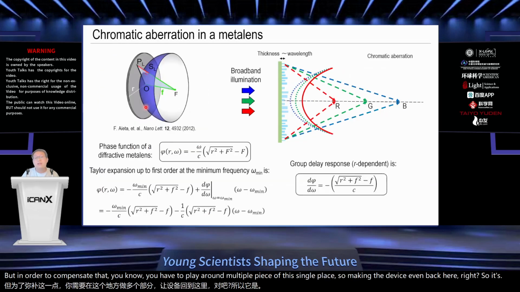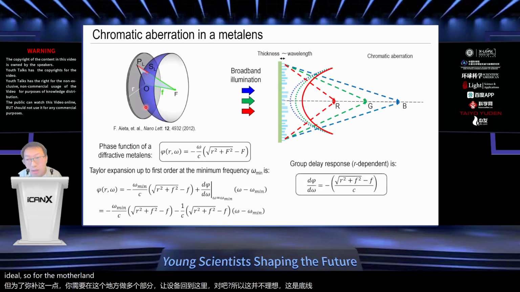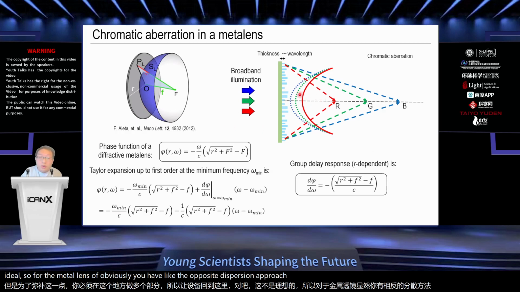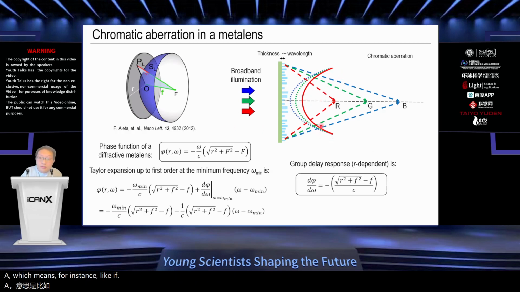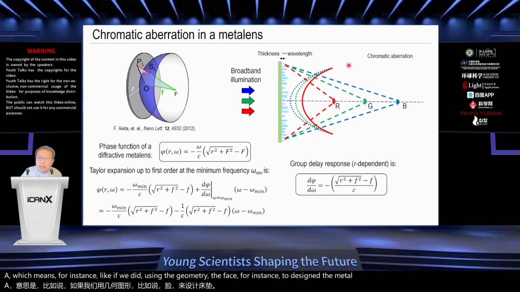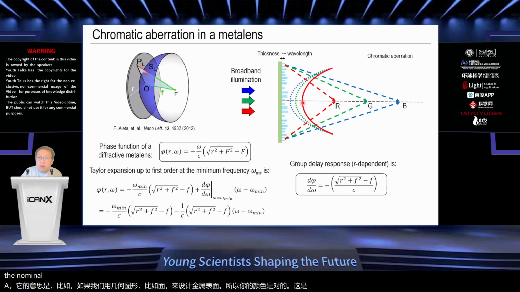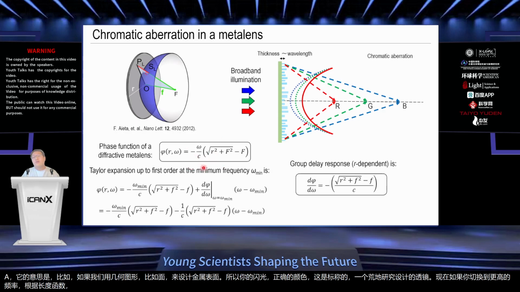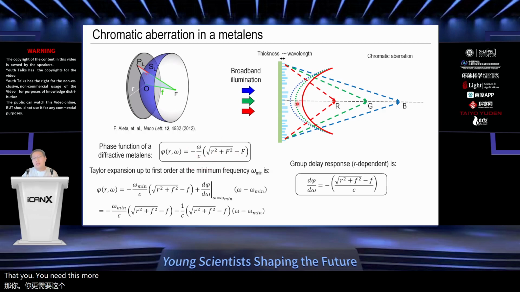So it's not ideal. For the metalens, obviously you have the opposite dispersion approach. For instance, if we use the geometric phase to design the metasurface, and you're shining red color, this is the nominal wavelength for which you designed the lens. Now, if you switch to a higher frequency, according to the lens function you need a more strongly bent wavefront in order to form the same focus as the red color.